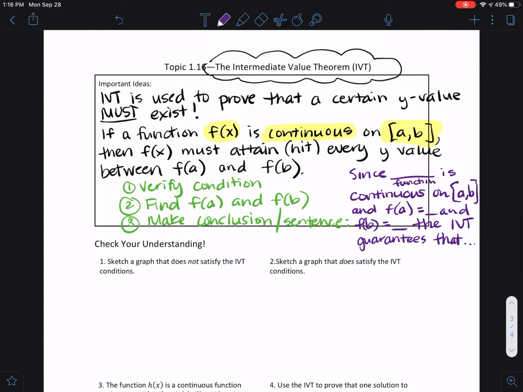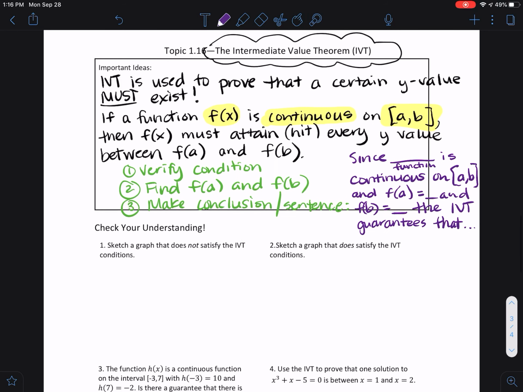So let's dive in. Sketch a graph that does not satisfy the IVT. We talked about it has to be continuous, right? So from all the way from A to B, my function has to be continuous. So let's draw one that maybe has a little jump or a gap. Actually, I'm going to go like this, because you'll see right here, these y values in between here are never going to be hit.